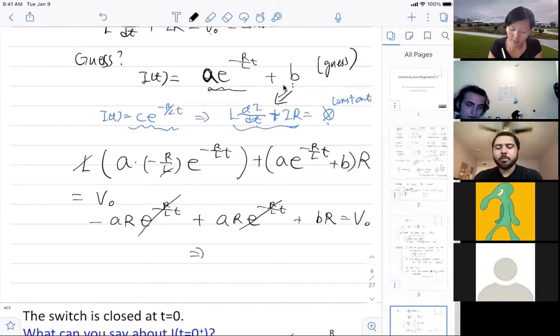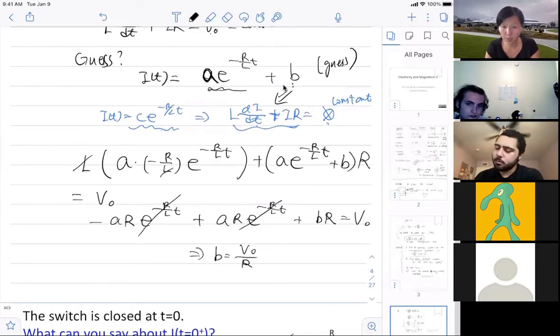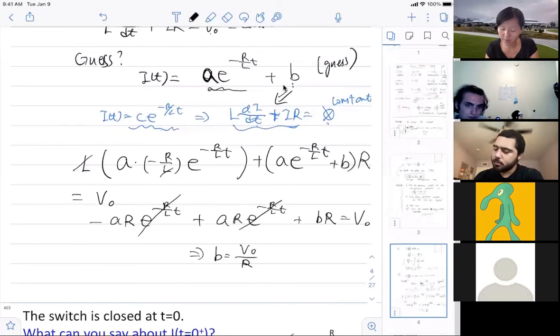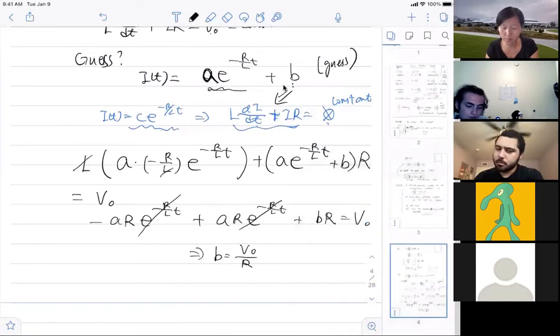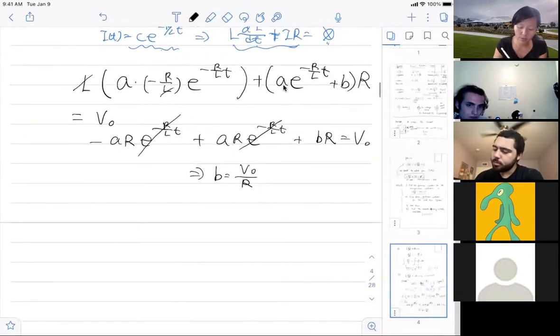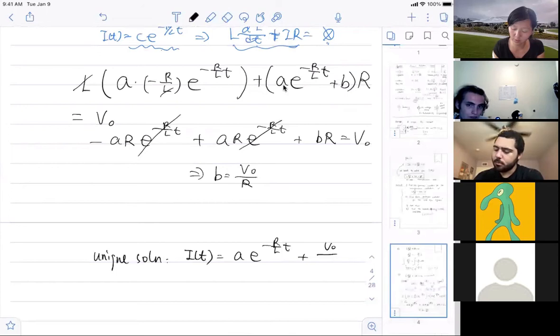As long as my B is V naught over R. So I have found a unique solution that satisfies my inhomogeneous differential equation. What is my unique solution? I is A times e to the negative R over L t plus V naught over R. This is my unique solution.